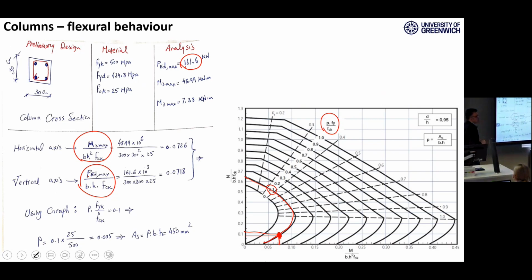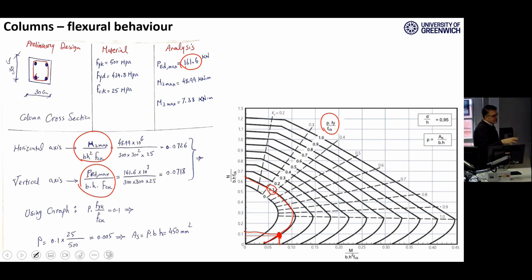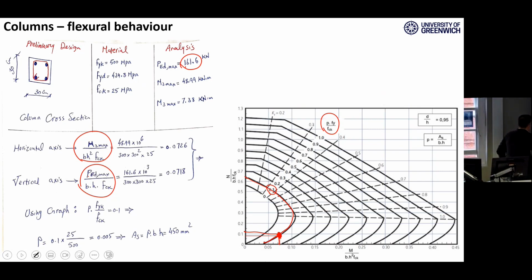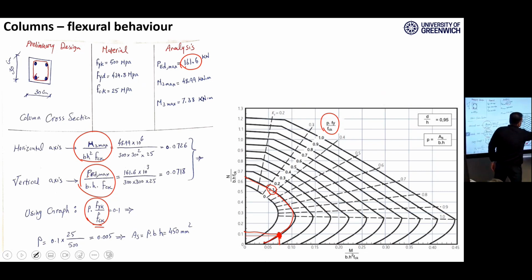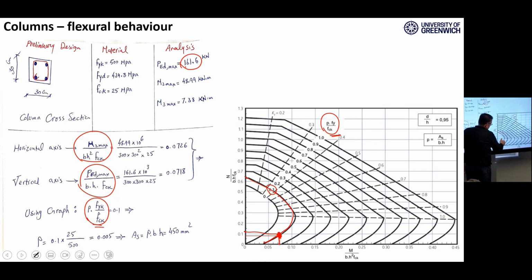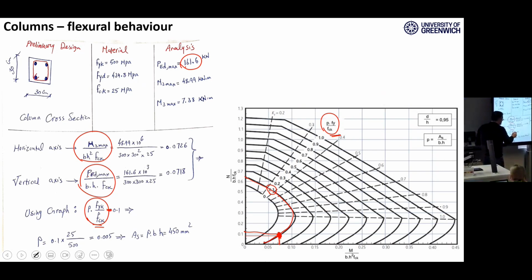Rho means the distribution of reinforcement in your section area. This is this one. So I just came under the graph. I read 0.1 for this parameter. So I just put this parameter as 0.1.